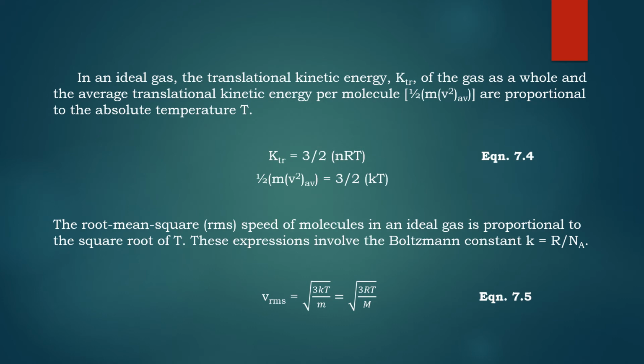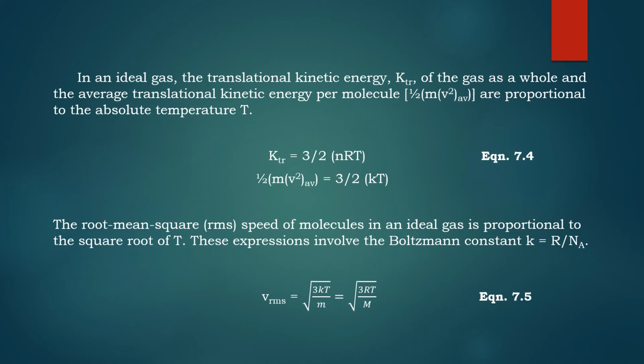In an ideal gas, the translational kinetic energy K_tr of the gas as a whole and the average translational kinetic energy per molecule are proportional to the absolute temperature T. That is, K_tr equals 3/2 nRT equals 3/2 NkT.